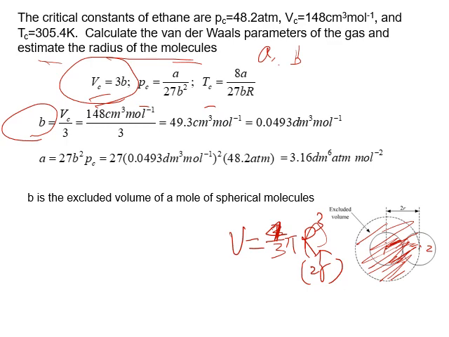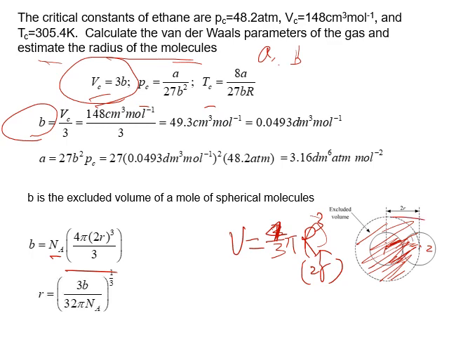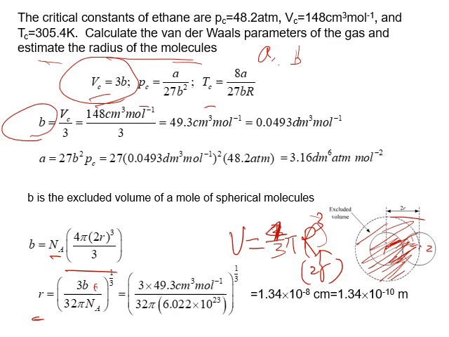Now b is for 1 mole, so you need to multiply by Avogadro's number times the volume of one molecule. So not just the size of one molecule, the radius is 2r here, and so modify the equation. We can calculate the radius r if we know the b constant. So plug in, and the answer is 1.34 times 10 to the minus 10 meter.